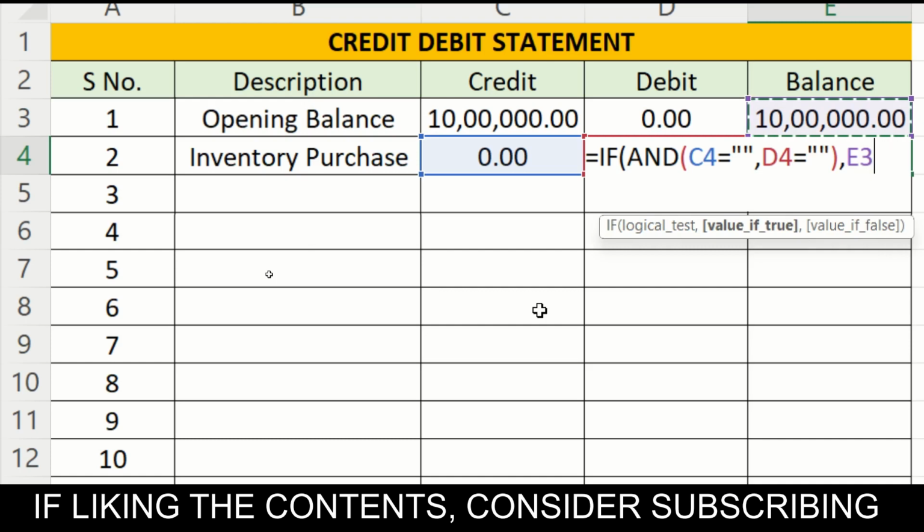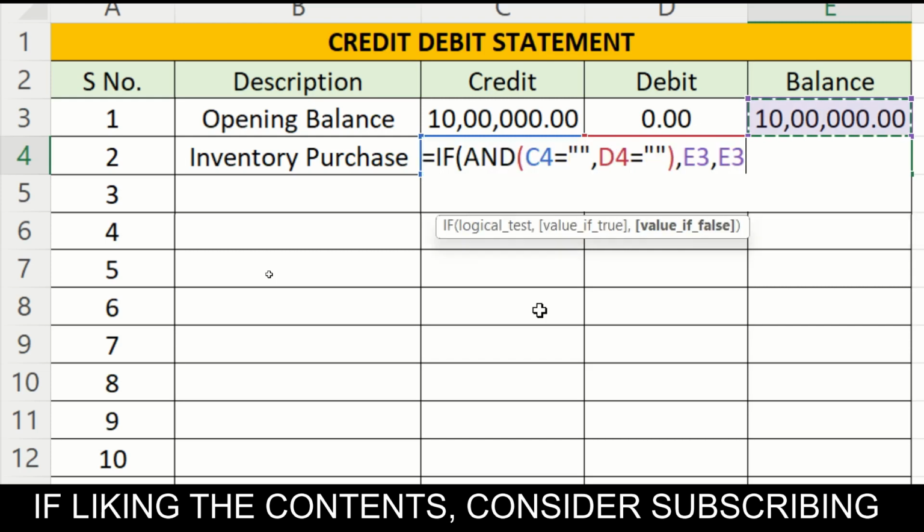Okay, and if that's not the case, we should be getting the result as this balance plus this credit, which is in C4, minus the debit, which is in D4. And this is the formula.